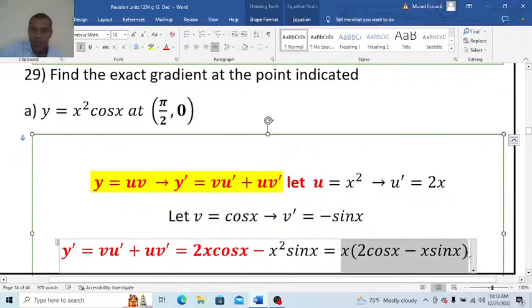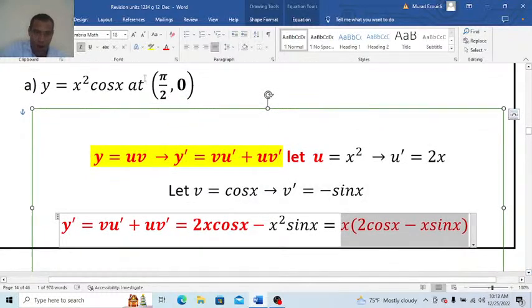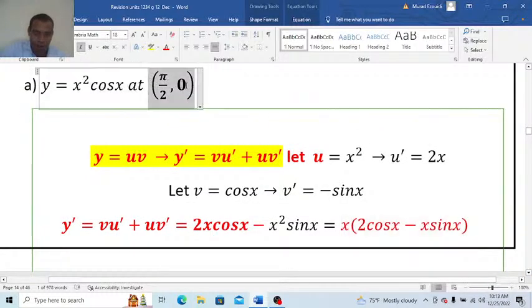This is y dash. Therefore now, learners, to find the gradient at the point pi over 2, we are going to just substitute in the first derivative of y with respect to x equal pi over 2. Means you are going to change x with pi over 2, and here with pi over 2, and here with pi over 2. I'll just write now.